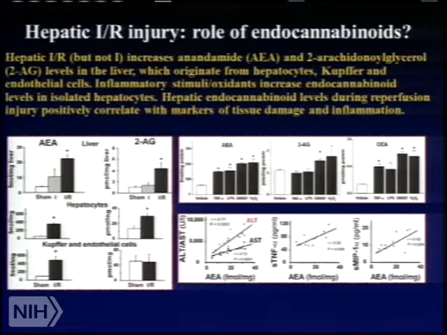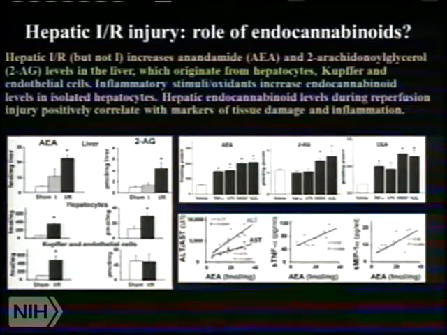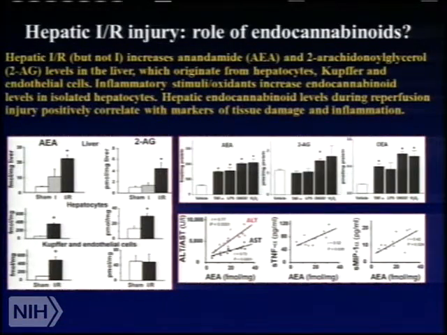So the more interesting thing was what was happening with the endocannabinoids. What is the role of these endogenous lipid mediators and how do they interact with oxidative stress? So as I mentioned, the two main endocannabinoids are anandamide and 2-AG. So you see a marked increase following ischemic reperfusion in the liver, like 20-fold and here 4-5-fold.